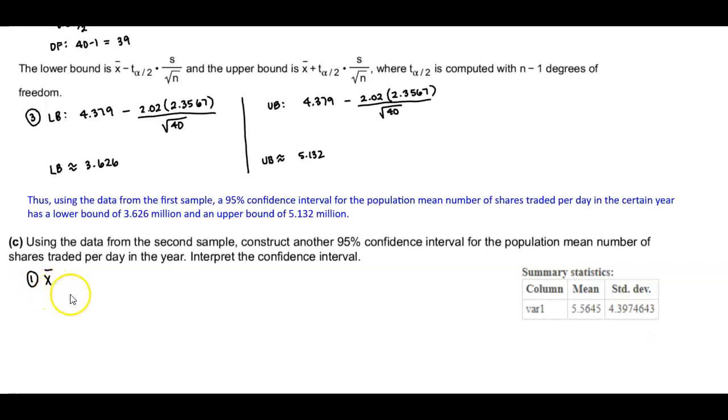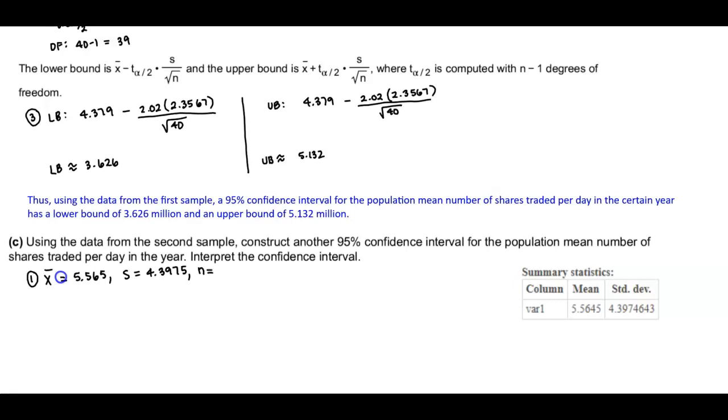So now we can say that the mean, rounding it to 3 decimal places, is 5.565. We know that our sample standard deviation, rounding it to 4 decimal places, is 4.3975.